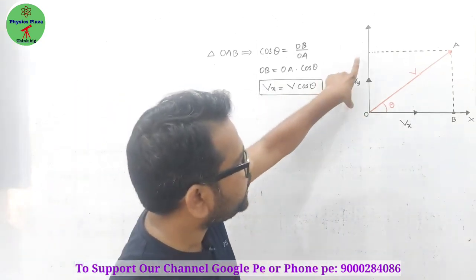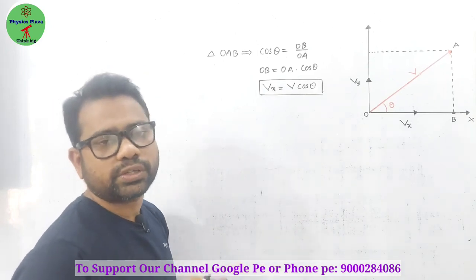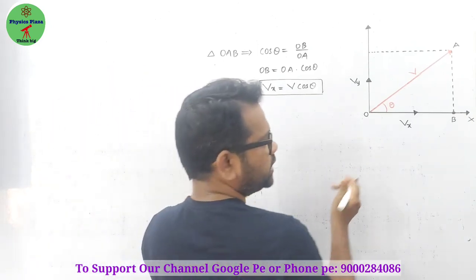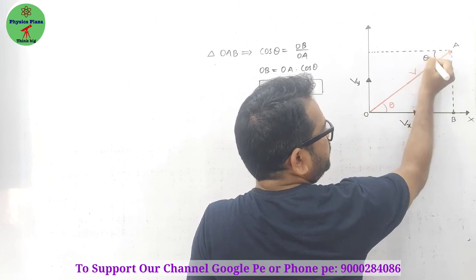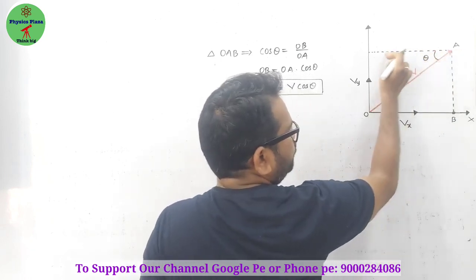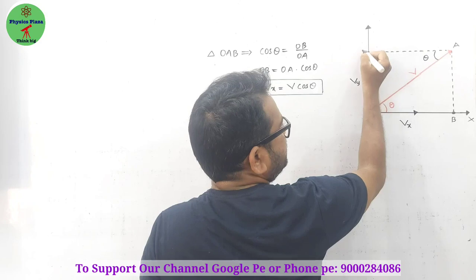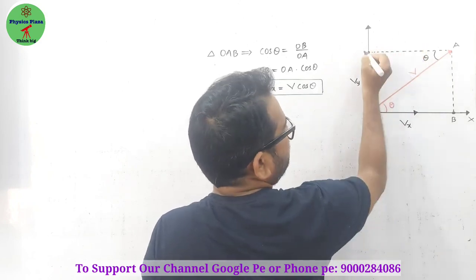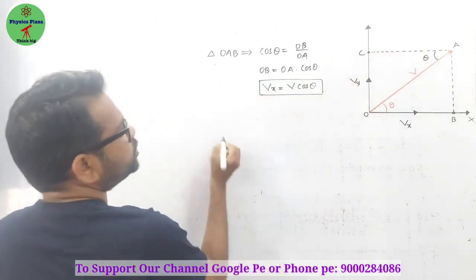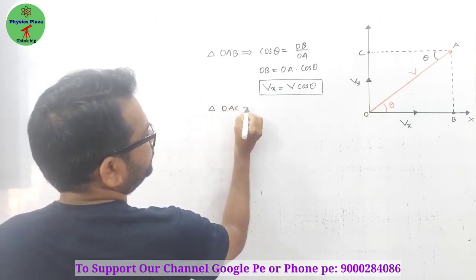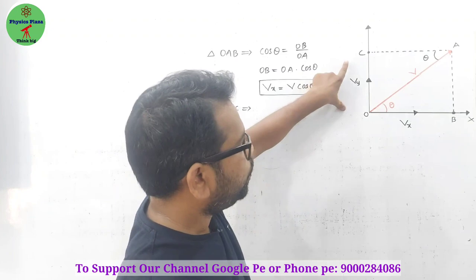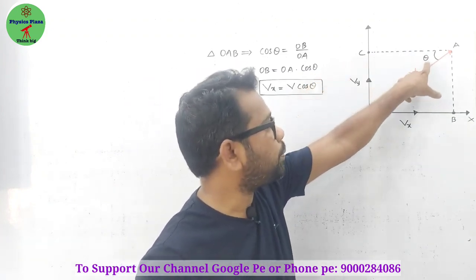Now how to calculate the vertical component? It's very easy to calculate. Even, children, if you can see, here is theta. So from this point A, let us make one more projection on the y-axis. Let us name it C. So in this triangle OAC, what do we have to calculate here? OC we have to calculate. OC is the opposite side.